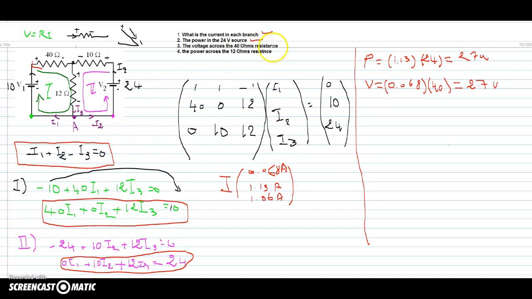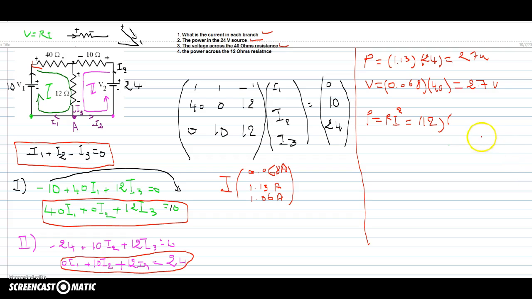Now the last question, so we did this. Last question, what is the power across the 12 ohms? Well, the power across the resistor is R times I squared. Since I'm talking about the 12, so this is 12 times I squared.